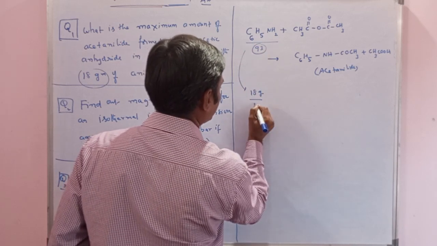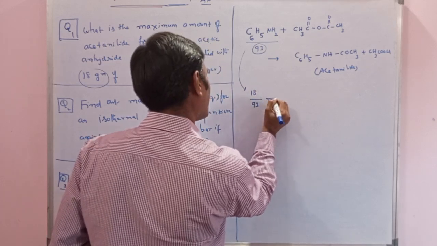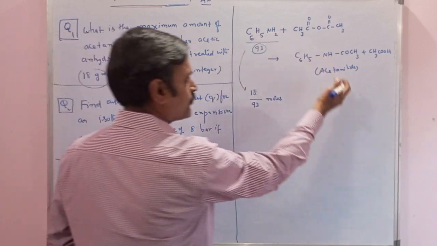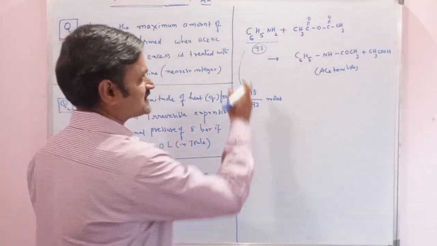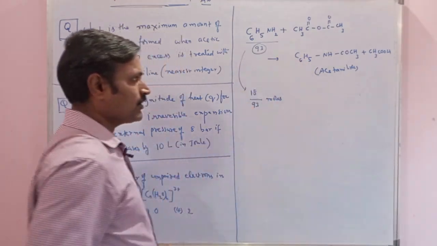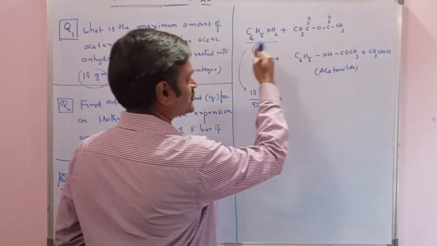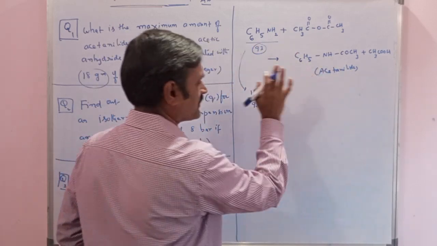So 18 grams by 93 grams is the number of moles of aniline. From the equation, the same number of moles of acetanilide also will be obtained. So as per the mole concept, the number of moles of acetanilide and the number of moles of aniline from this equation are the same. That means 1 mole of acetanilide is coming from the equation.